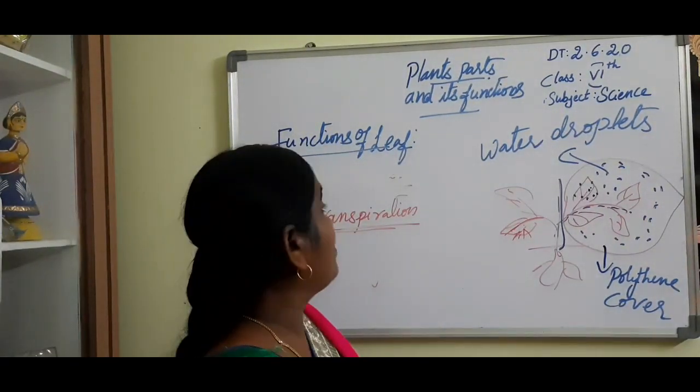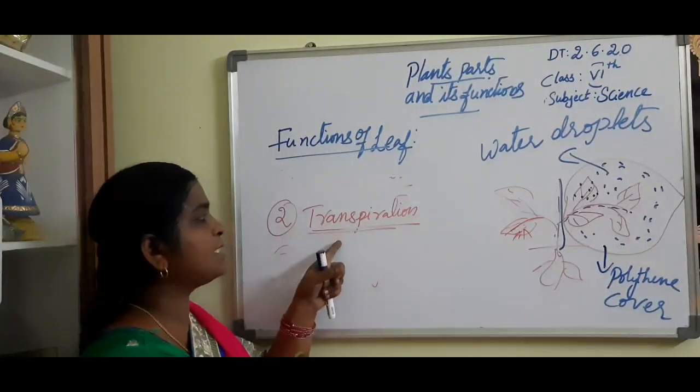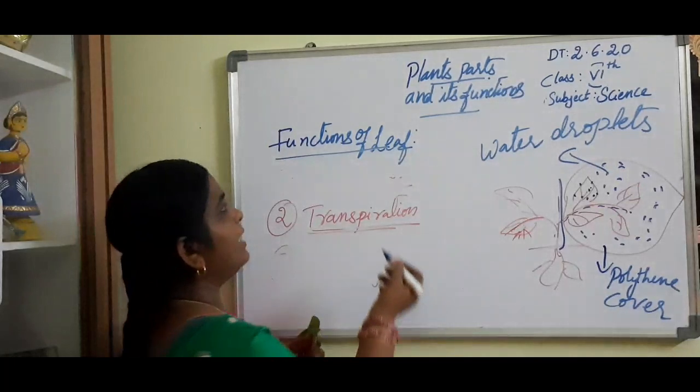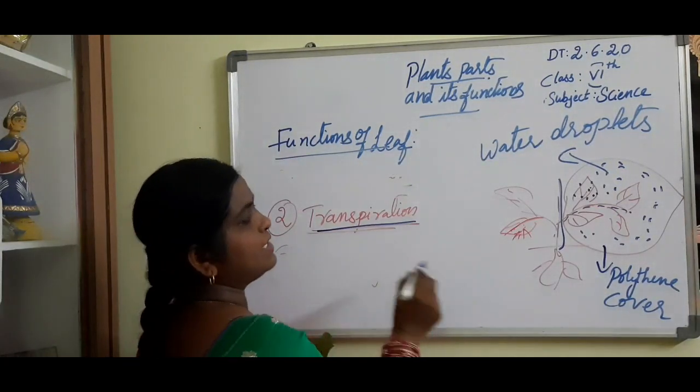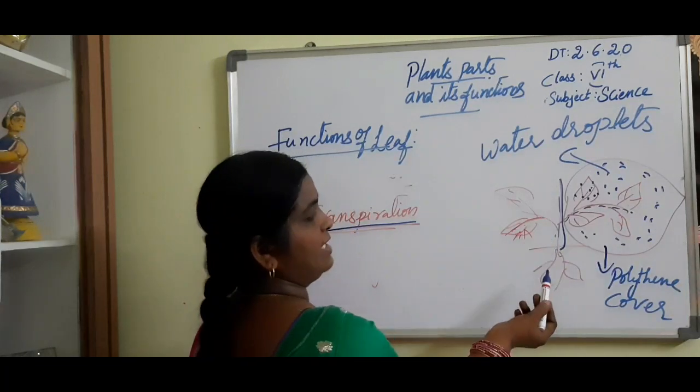Coming to what? Tell me. We have discussed respiration, that is about the stomata. We have also discussed transpiration, that means excess of water released from the surface of the leaf and other parts.